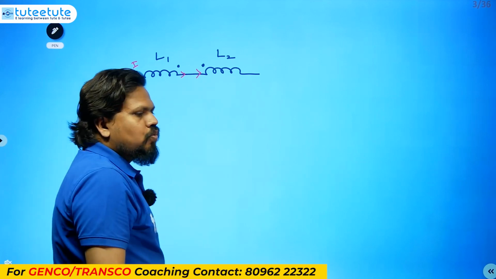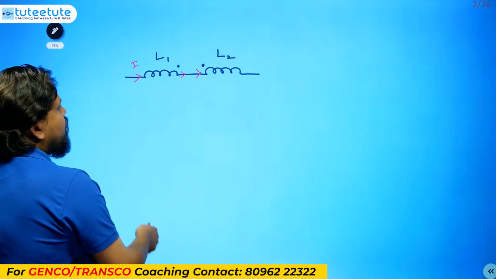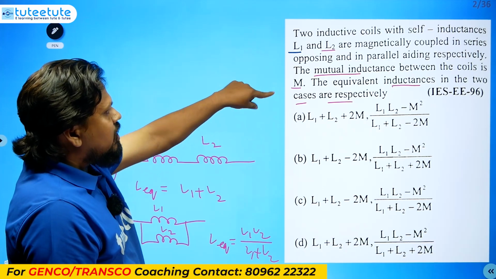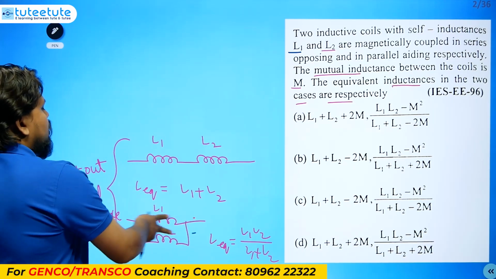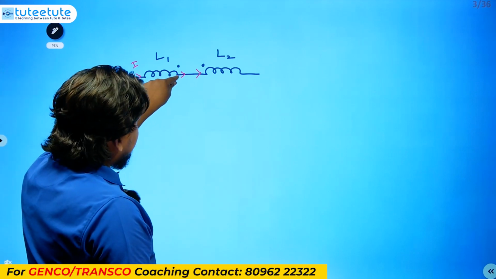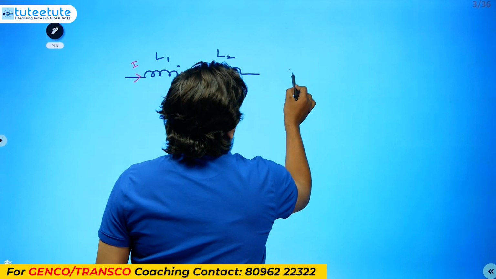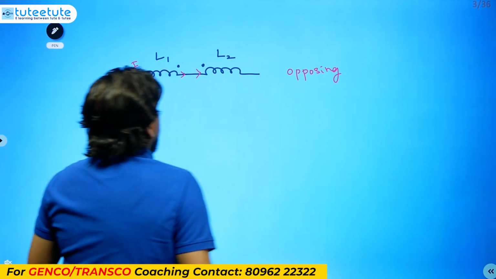So one is entering, another one is leaving, and we have to confirm whether this is aiding or opposing. If the current is leaving here and entering here, this kind of connection is called opposing.